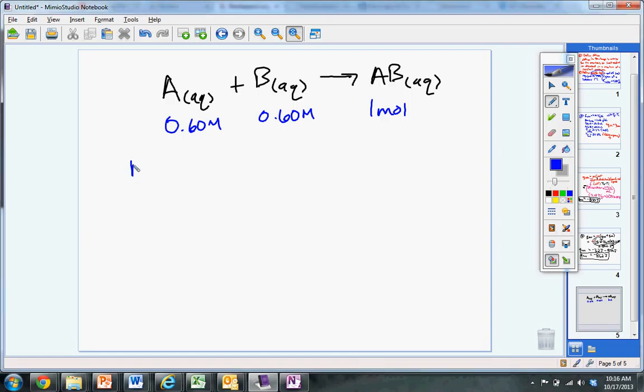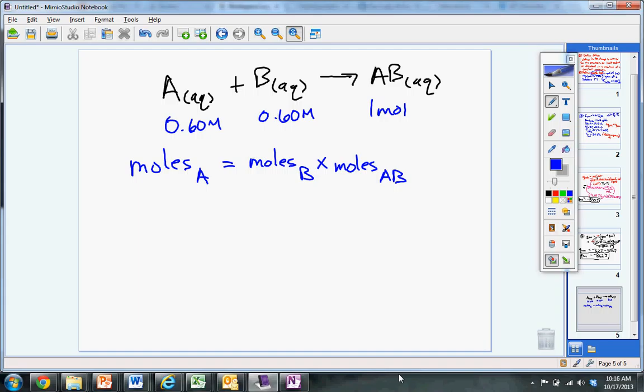So what I would do is have moles of A equals moles of B times moles of AB. Oops, moles AB. It's not going to be any different. You can rearrange those any way you want in order to solve it.